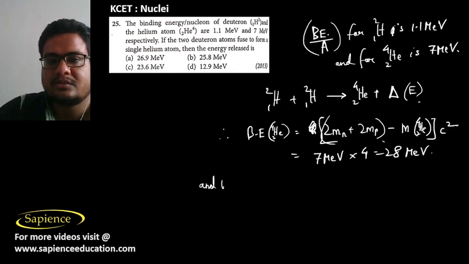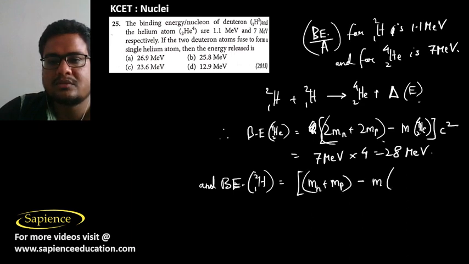And binding energy for deuteron is equal to mass of neutron plus mass of proton minus the mass of deuteron, into c square.